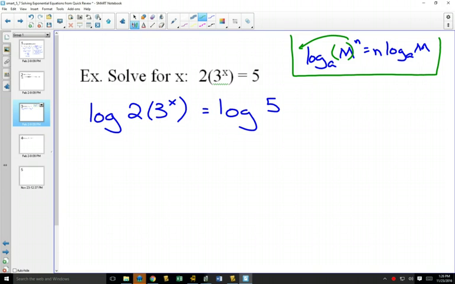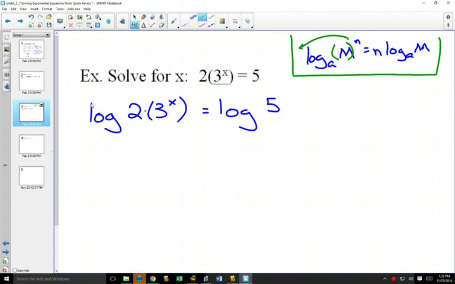You can't multiply 2 times 3 together in this case, because order of operations say the exponent has to happen before you multiply. And so we can't use this log law yet. But we can use the log law that says, inside my log, I am multiplying 2 times 3 to the x.